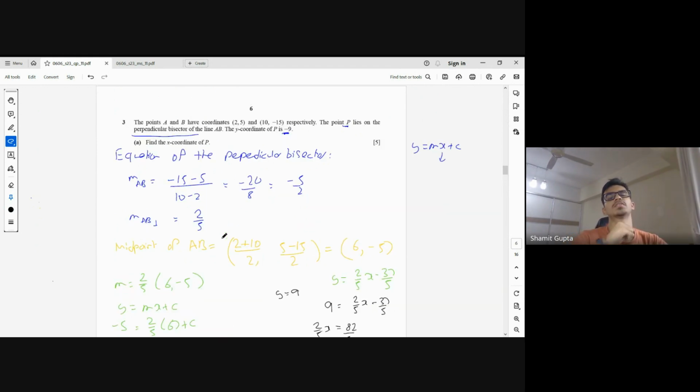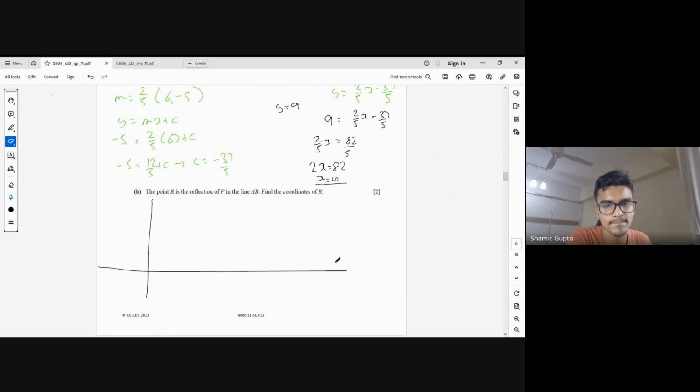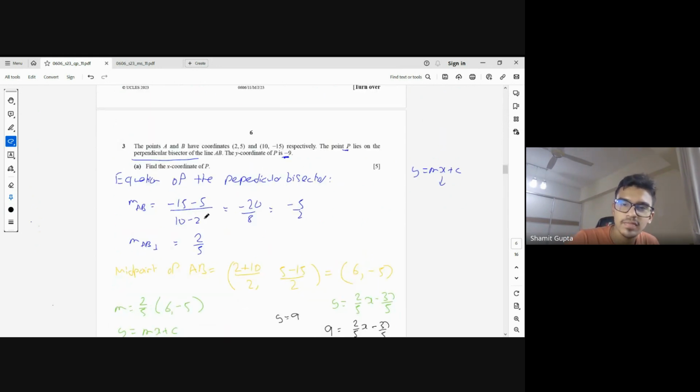Should I draw the diagrams out to have a better idea? Okay, I think maybe I can just draw it out. I think maybe you could draw it out also.